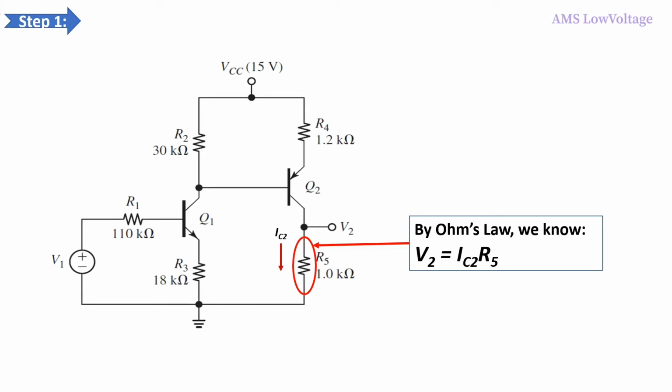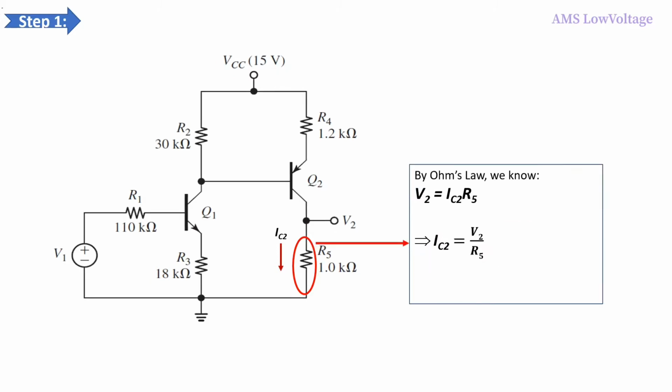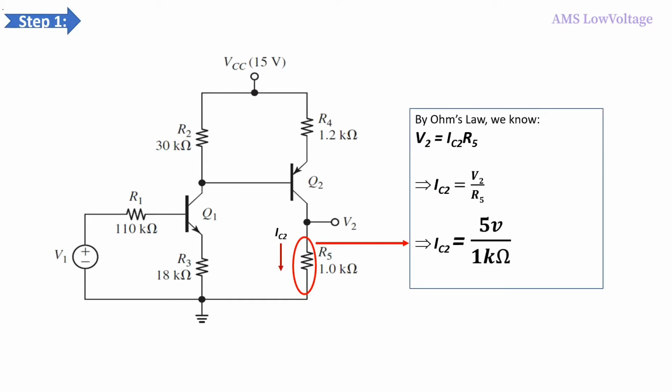We know V2 equals IC2 times R5, so we put the values in this equation and rearrange it like this: IC2 equals V2 over R5, and we put in the value for V2. We know V2 equals 5 volt and R5 is 1 kilo ohm.